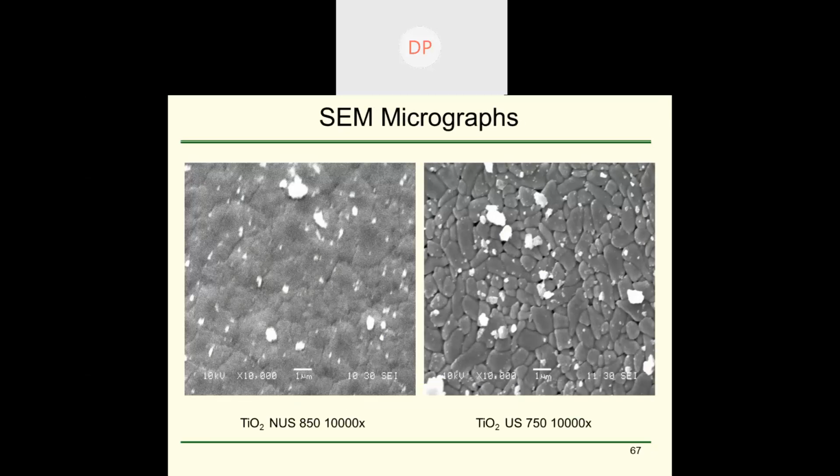Even though it's rutile, it still looks like a fluffy material, while at 750 degrees centigrade, the ultrasound material shows building block kind of structures, which was an important observation after using the ultrasound for 20 minutes.